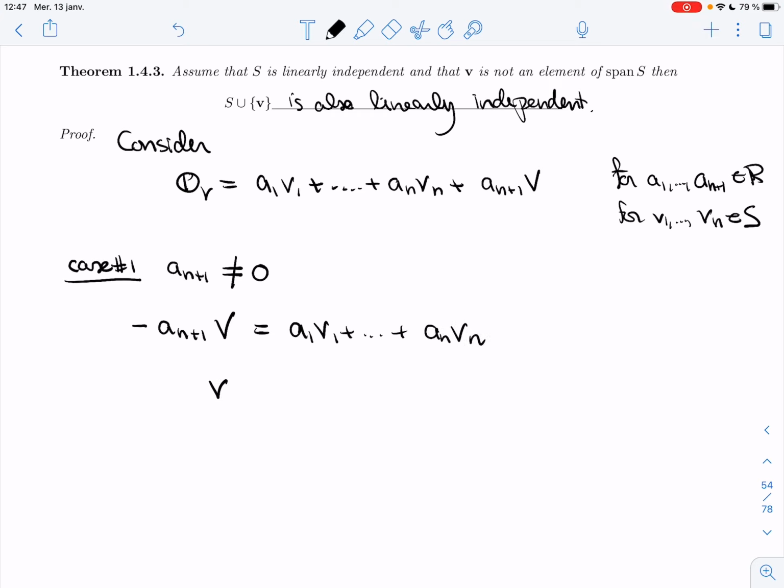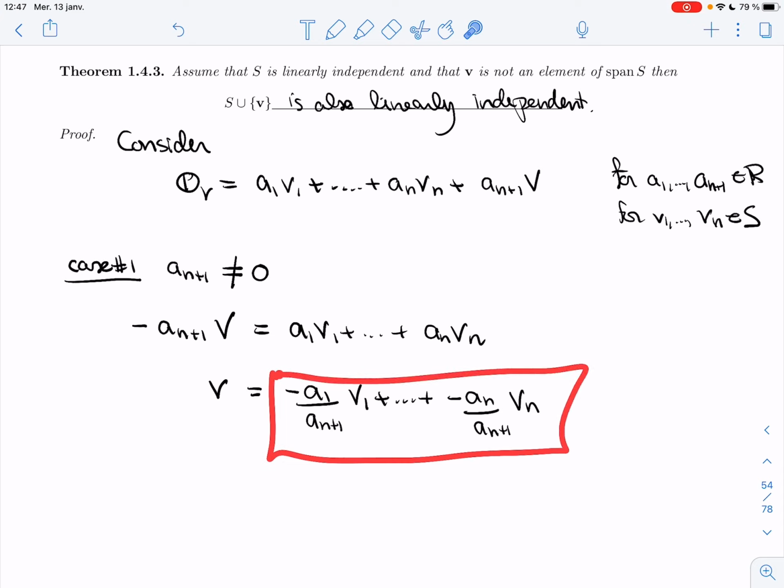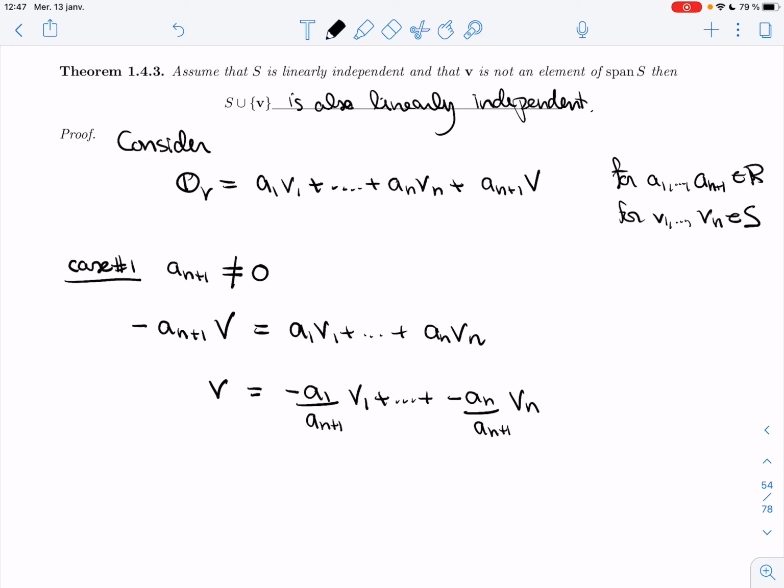And then V is minus A1 over An plus 1 V1 plus minus An over An plus 1 Vn. So if An plus 1 is not 0, I can divide by it, and then I get a linear combination of V1 through Vn that gives you V, and so this is in the span of S.